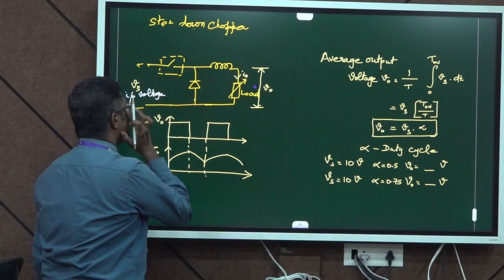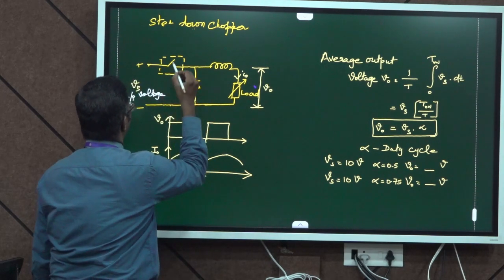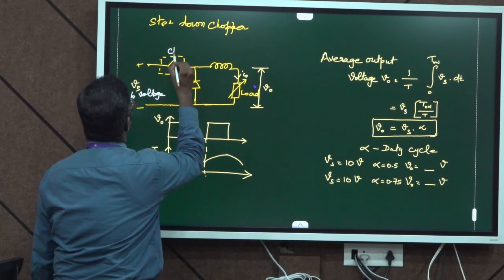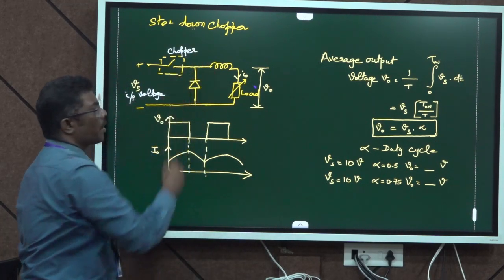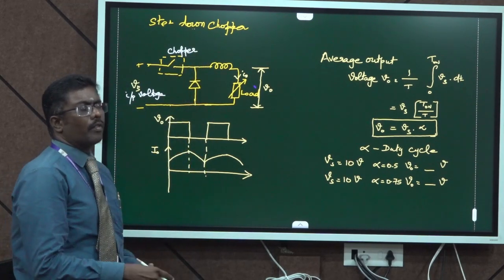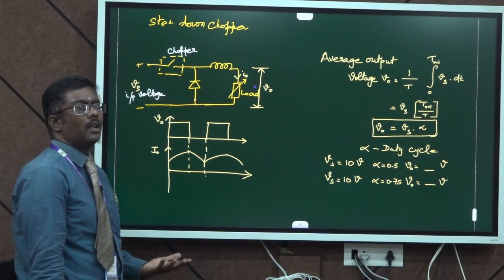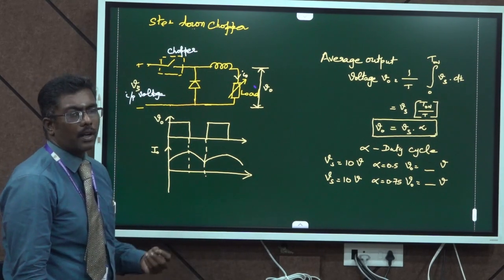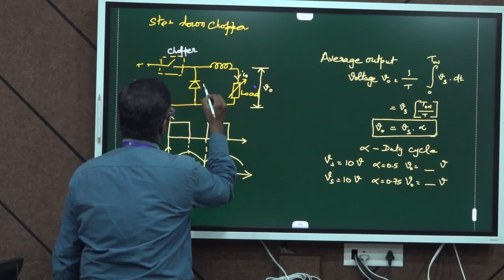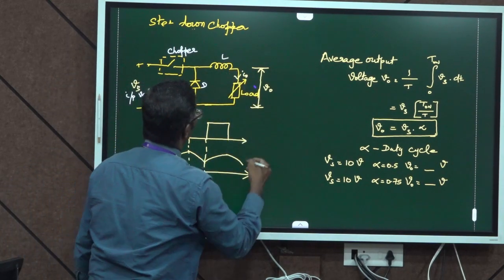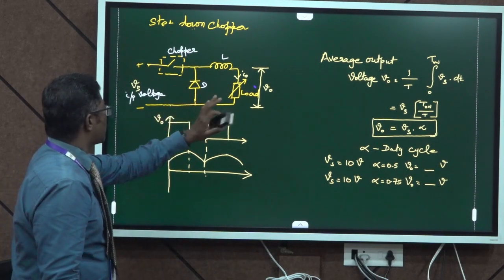The circuit consists of a chopper, which may consist of a switching device, either an SCR, MOSFET or IGBT. It also consists of a diode, an inductor and the load. This is the circuit diagram for the step down chopper.